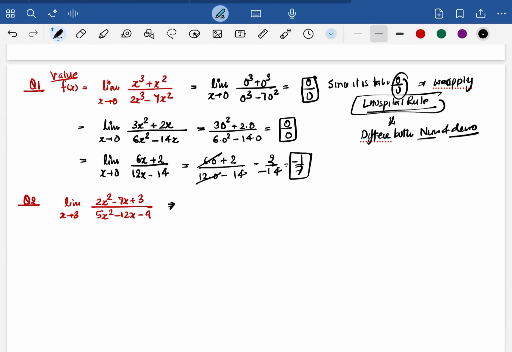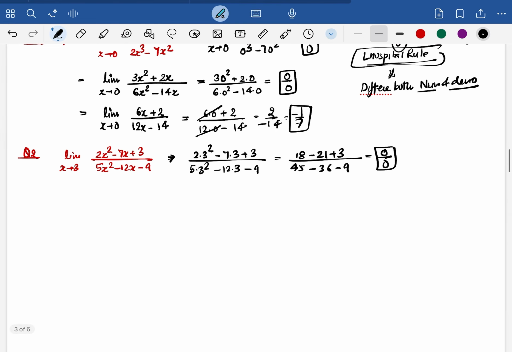So you can see 2 into 3 square minus 7 into 3 plus 3. This is 5 into 3 square minus 12 into 3 minus 9. So 3 square 9, 9 2 is 18, 18 minus 21 plus 3. So numerator you can see it's coming 0, 9 for 45 minus 36 minus 9. So again this is 0 by 0 form.